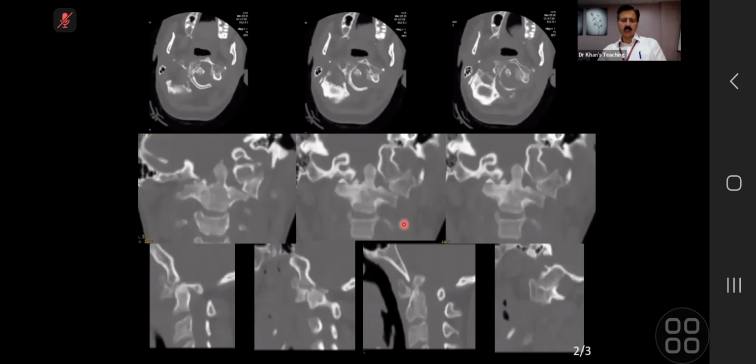So I can also, as an examiner, show you, let's say, an axial sequence. Candidate 3, just tell me, on this sequence, what is abnormal? The dens is not central in its normal articulation position.